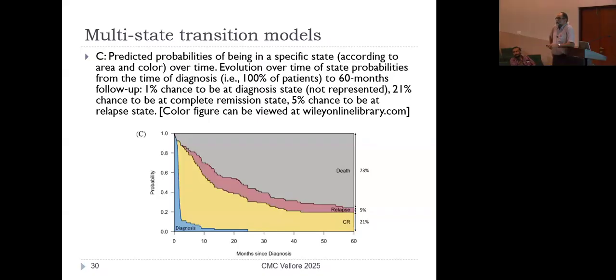Basically, the probability of the patient to stay in that particular state versus progressing or getting cured with the treatment. So that it is basically calculating the probability, right? There are two things that you're looking at, the probability of transitioning and probability of remaining. So if the patient is lost to follow-up, still we know where the patient was.